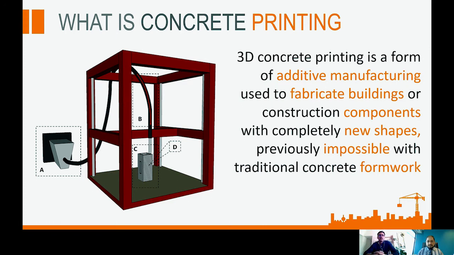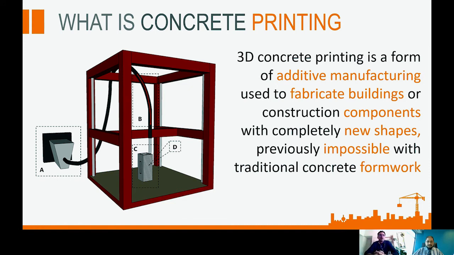So here in my next slide, as I showed you, what is 3D concrete printing? This is a form of additive manufacturing. Like I said, basic plastic printing principles, where you physically deposit one layer onto the next, creating a contour that gains height as the process develops.